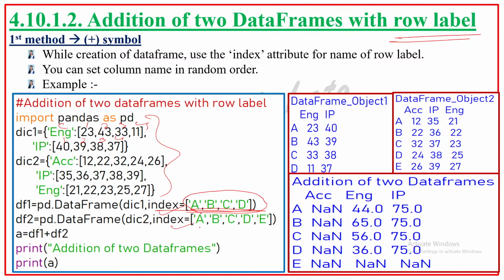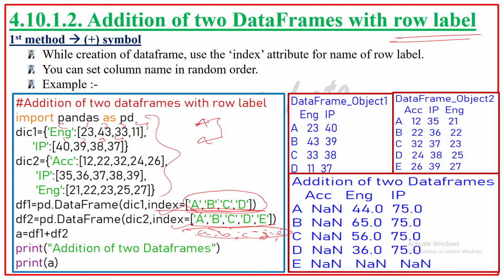If you give, in the second data frame index, a different column, small a, small b, small c, small d, small e, are A and small a the same? No, through the ASCII value both are different. So whenever they are different, your NaN will generate because your row index is not matched.